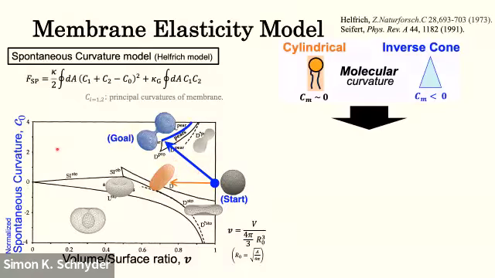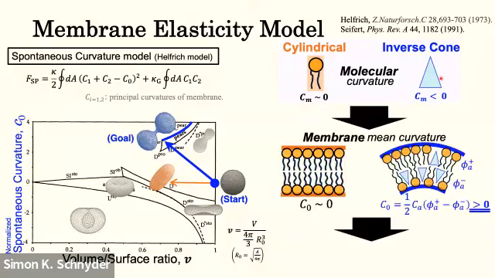Theoretically, such a curvature can be controlled by the molecular shape. This cylindrical membrane molecule features almost zero spontaneous curvature. And this is a picture of an inverse cone-shaped membrane molecule, which features a negative value of spontaneous curvature. And when we assemble these molecules to form a bilayer membrane, by using only cylindrical membrane molecules, the zero spontaneous curvature membrane is preferable.